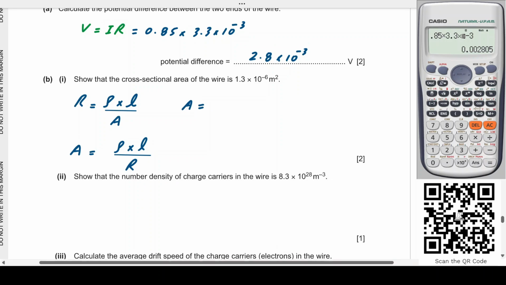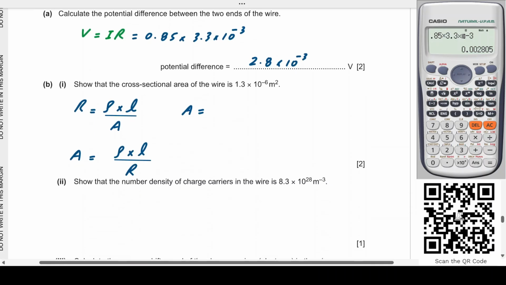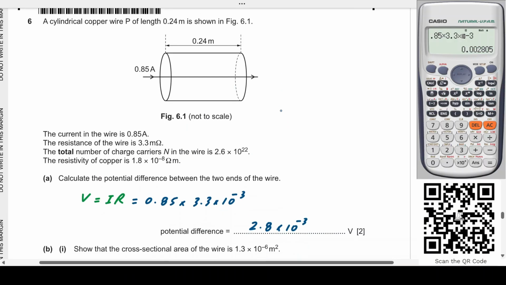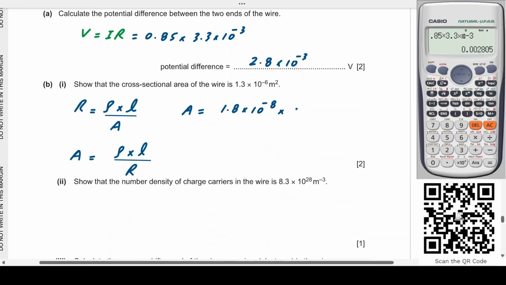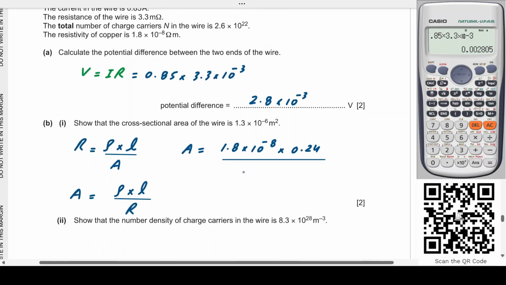Resistivity is given already. So resistivity is 1.8 into 10 to the power minus 8. The length of the copper wire through which the current is flowing is 0.24, divided by the resistance of the copper wire, 3.3 into 10 raised to the power minus 3.